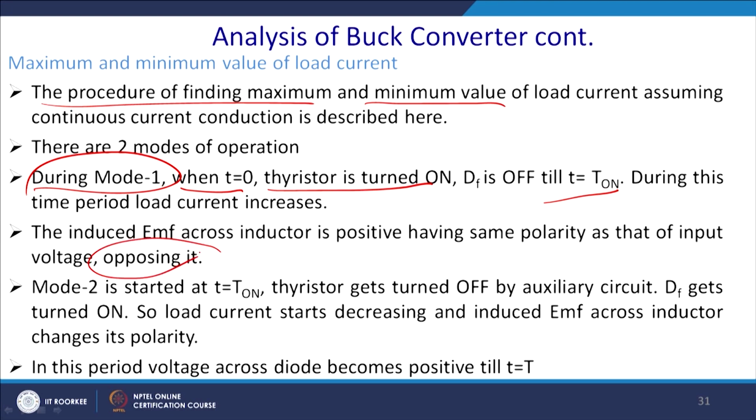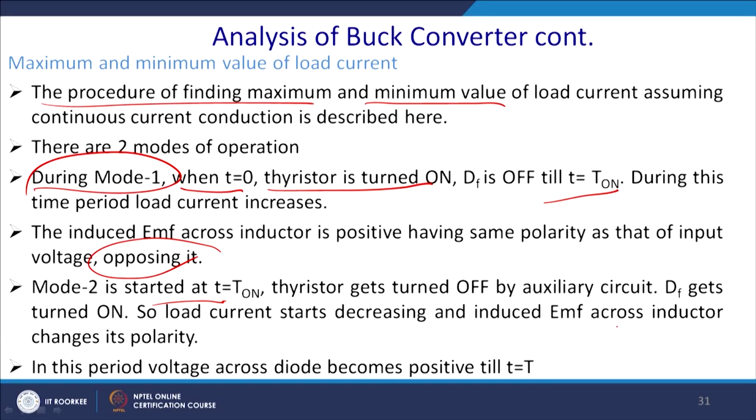Mode 2 starts with commutation of the thyristor. At t equal to T on, the thyristor gets turned off by the auxiliary commutation circuits, and DF gets turned on, so the load current starts decreasing. The induced EMF across the inductor changes its polarity, and during this period the voltage across the diode becomes positive till t equal to capital T, the completion of the duration.